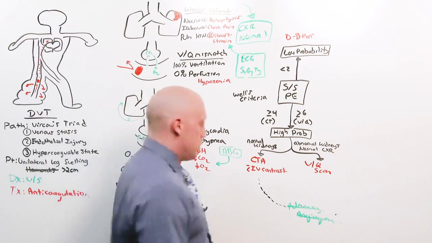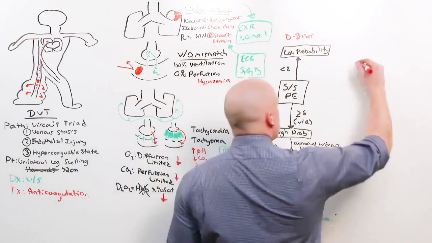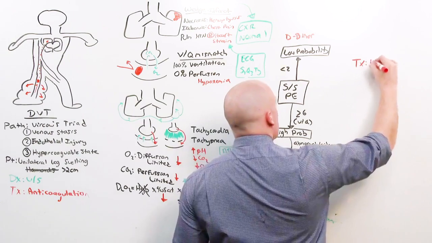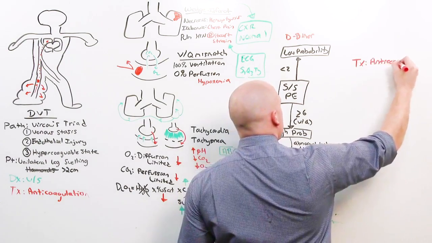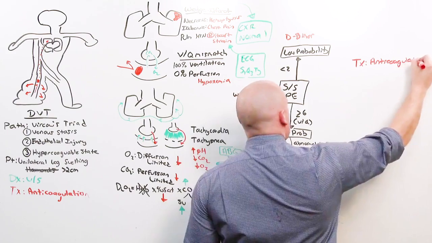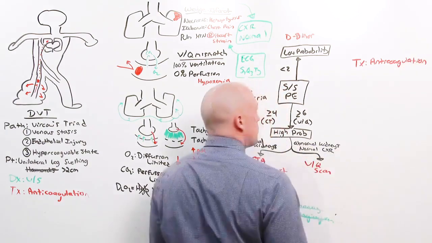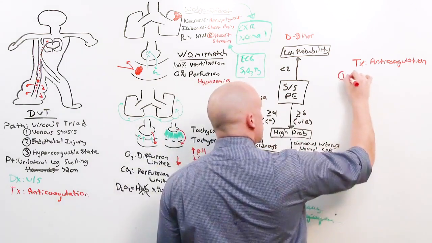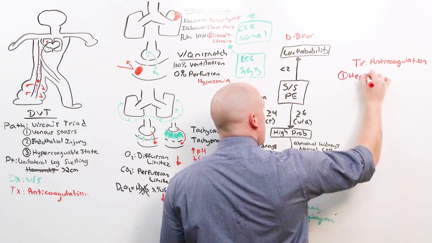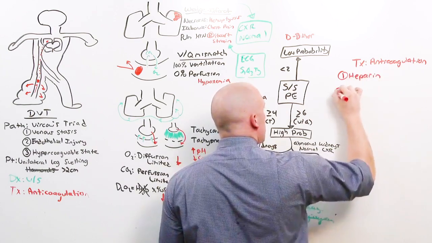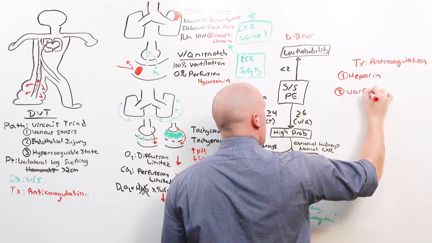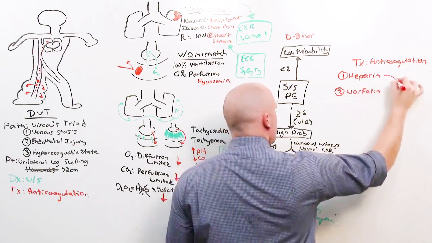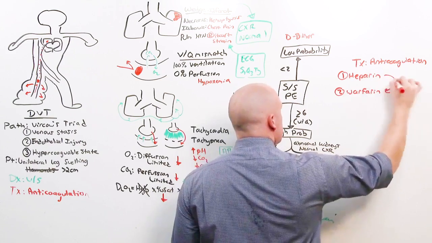Once you diagnose the PE, how do you treat it? The treatment is with anticoagulation. What does anticoagulation mean? Traditionally, it meant heparin, warfarin. And you bridge.